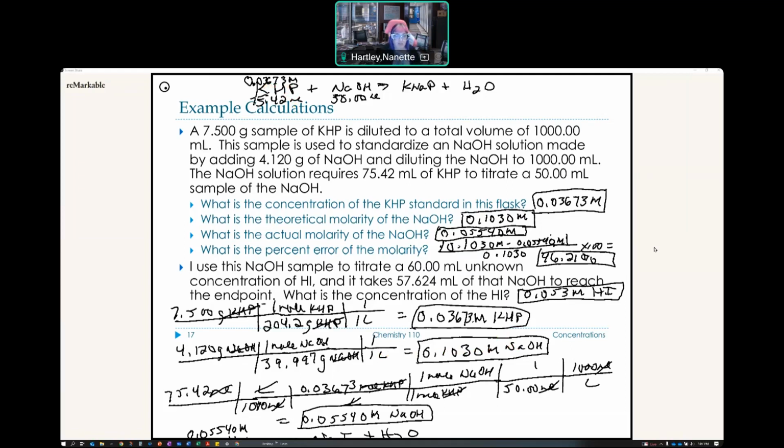I then have a situation where 75.42 milliliters of KHP at 0.03673 molar concentration are used to titrate a 50 milliliter sample of NaOH. So 75.42 milliliters, 1 liter is 1,000 milliliters, 0.03673 moles per liter, 1 mole of NaOH is required to react with 1 mole of KHP, and then divide by the volume of the NaOH that was used, 50 milliliters, and then multiply by 1,000 milliliters per liter to cancel all my units except for 1 mole of NaOH and 1 liter on the bottom.